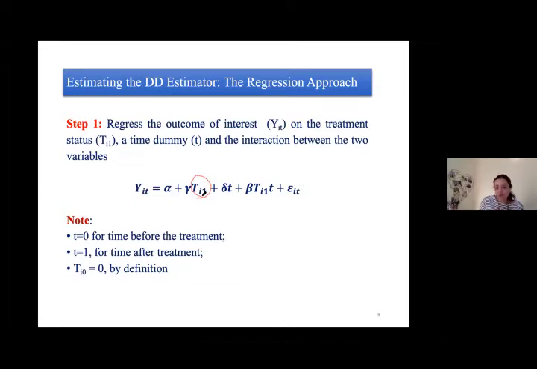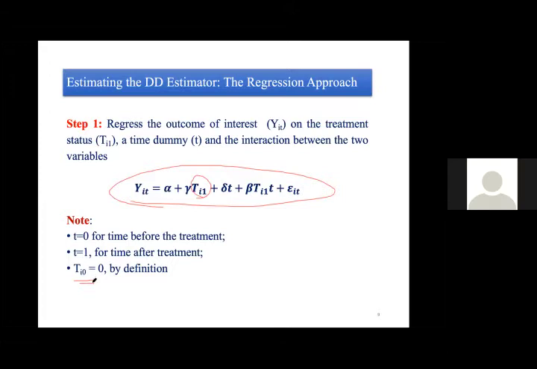This is for everyone, treated or not. What I am excluding from my regression as a variable is the TI0, because I know that TI0 is 0 for everyone, if you are calculating the outcome before the start of the program.